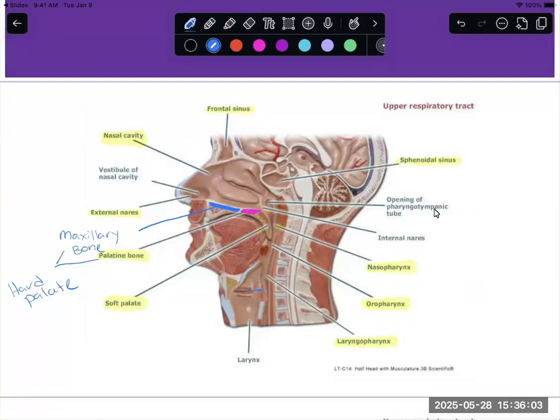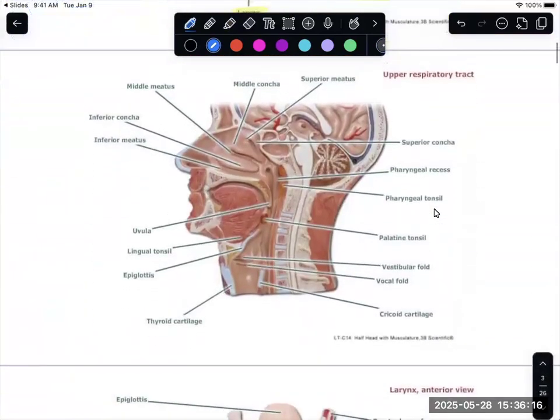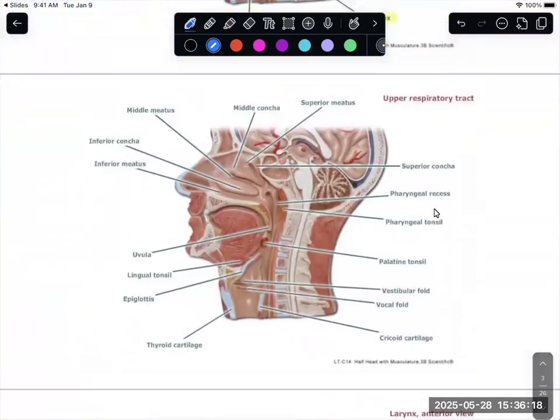The larynx is where we're going to find that voice box or those vocal cords. We'll go through those here in a second as we get to more things.